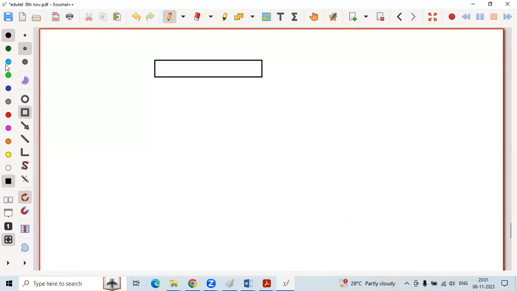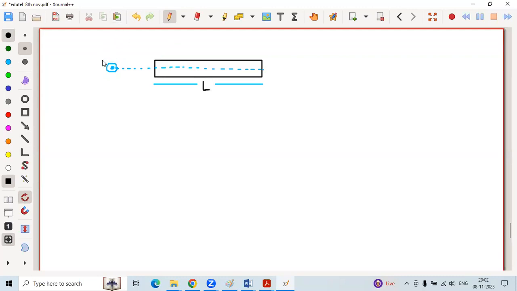There is one rod, and there is a point. Length of the rod is given as L. This is one previously asked question.